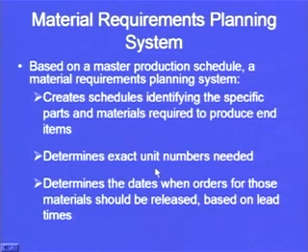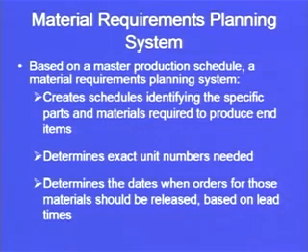I have already given an example of a car. If the final product is a car, it will be able to generate what the various components are that are required to finally manufacture the product. It determines the exact unit numbers needed, that is, the number of components or parts required. Then it will determine the dates when orders for those materials should be released, based on the lead time.